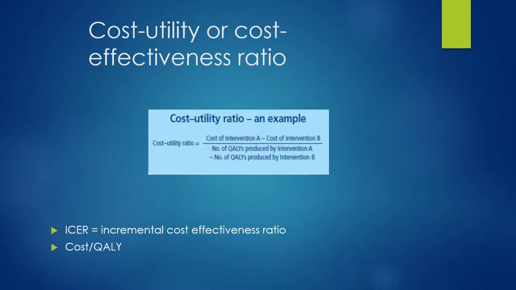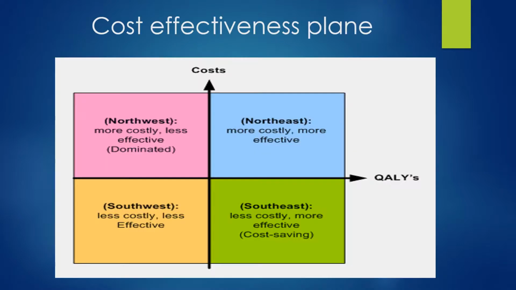If you put quality, it becomes cost utility. So we are going to have a cost effectiveness ratio of our treatment, and it is the incremental cost effectiveness ratio, meaning this is the cost of producing one QALY that we are going to apply in our evaluation.